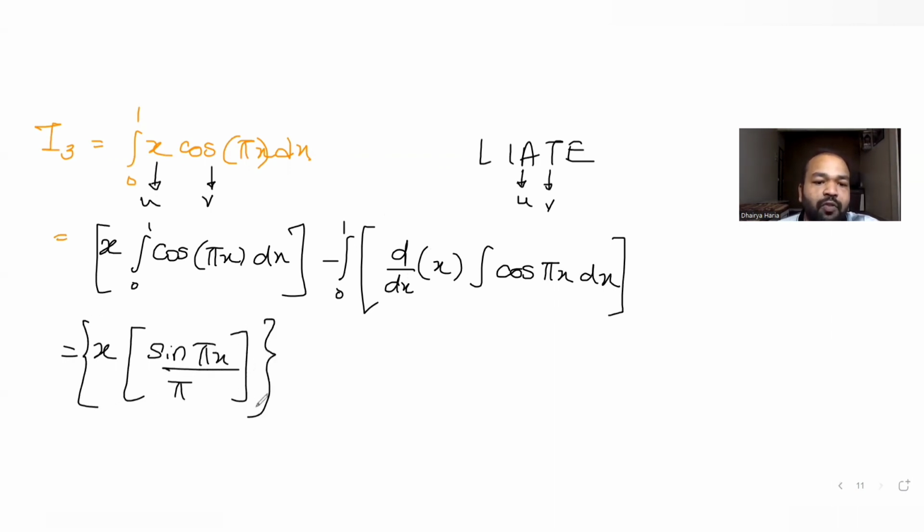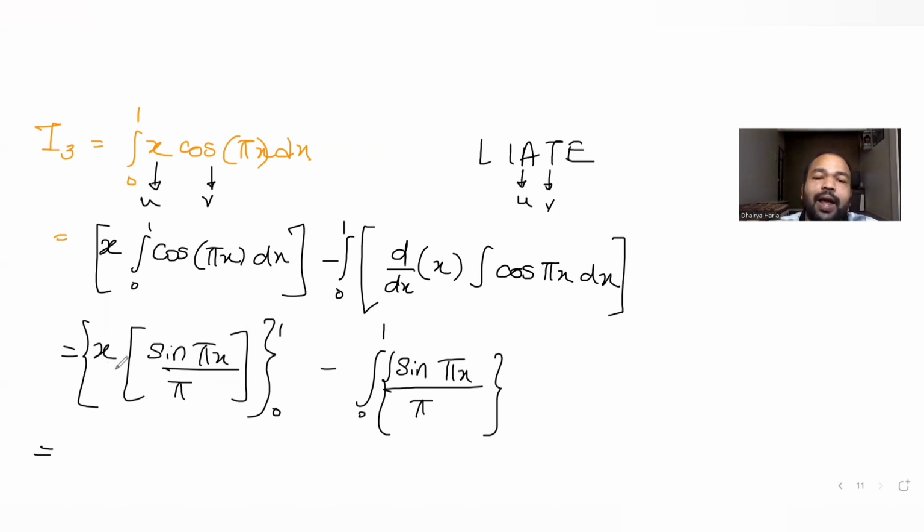Minus the integral, the derivative of x is 1, and the integral of cos pi x is sin pi x upon pi. The limits go from 0 to 1.